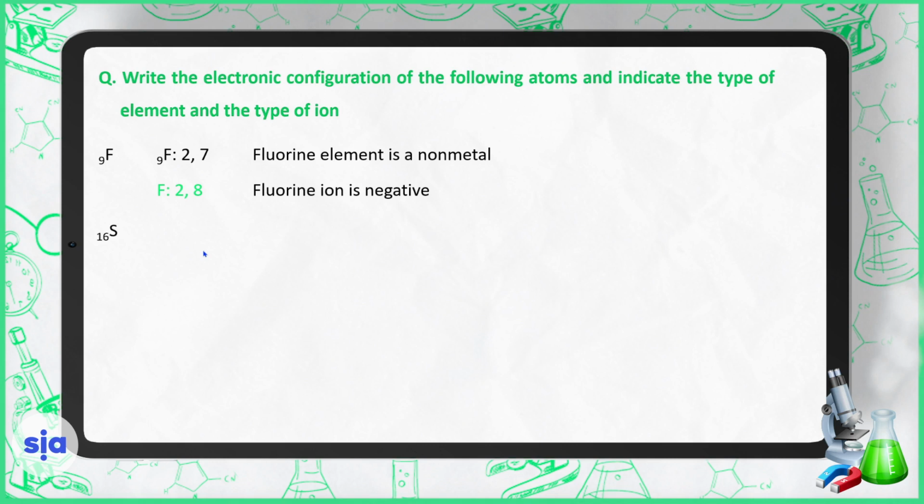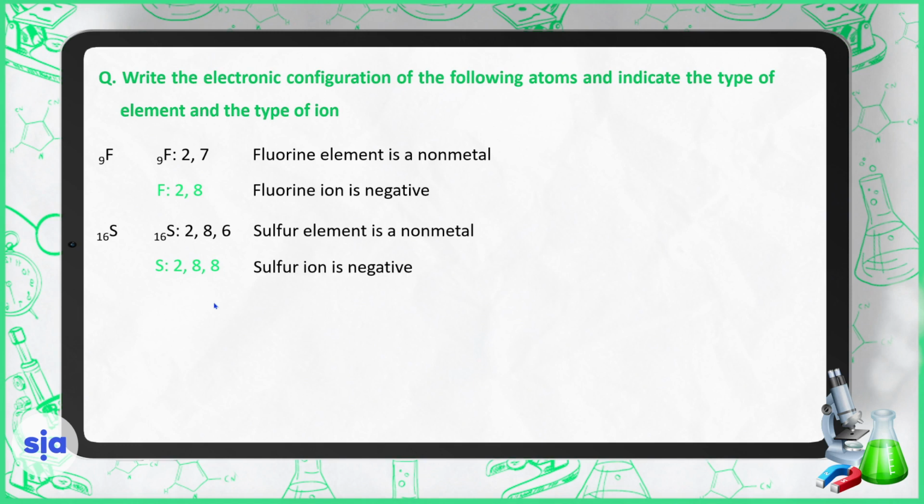Let's have another example. S16. So 2, 8, this is 10, and then 6 in the outer energy level. Sulfur is a nonmetal too because of the 6, more than 4. When it will participate in a chemical reaction, it will gain 2 electrons for the outer energy level to be filled with 8 electrons.